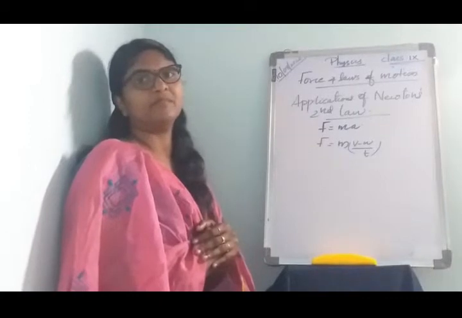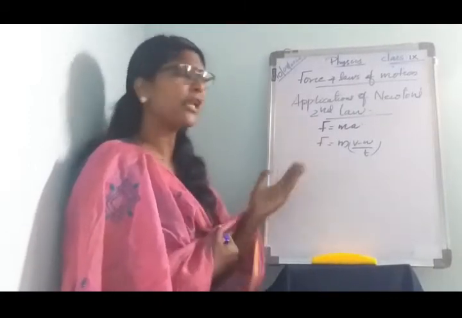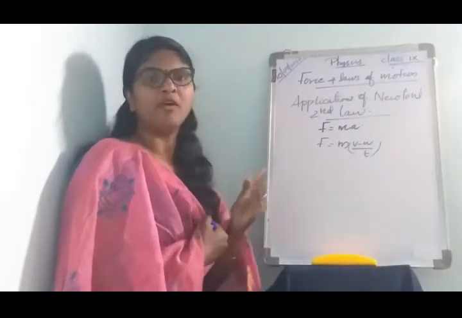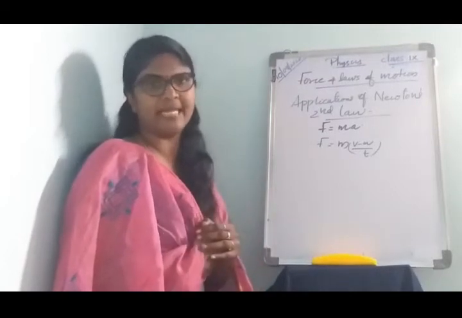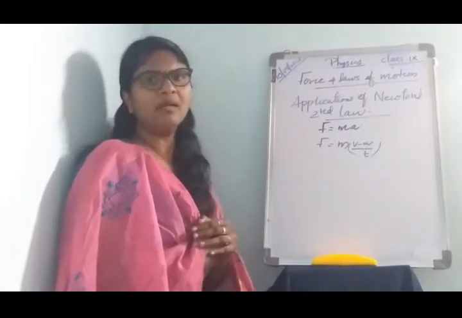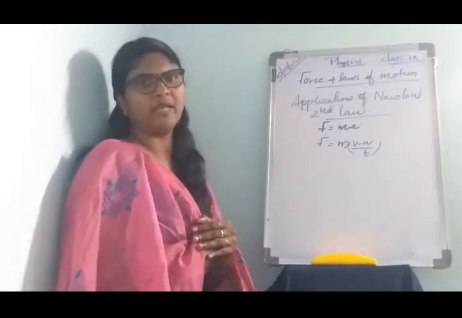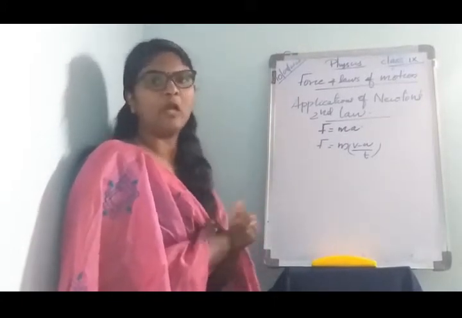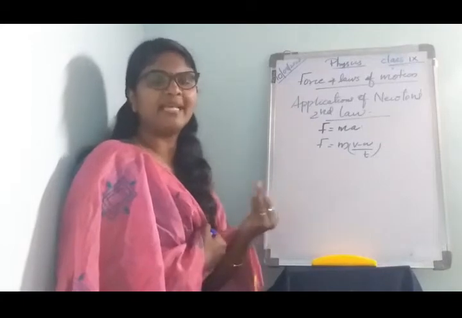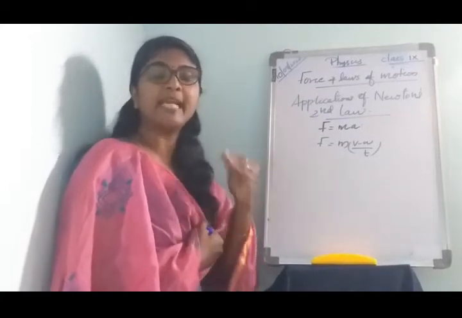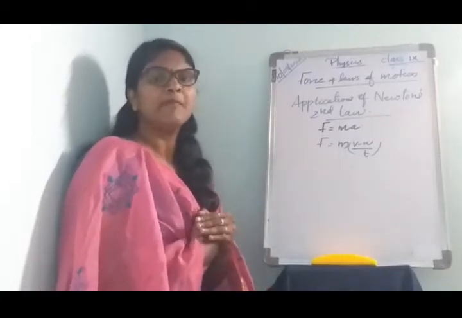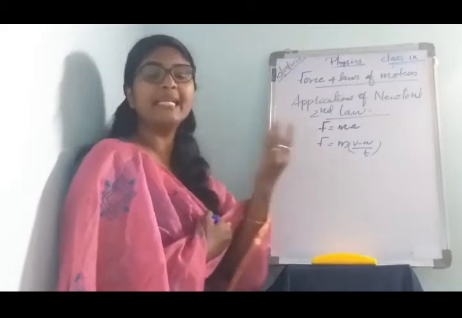Is it clear to you? The momentum of a fast moving ball is very large. In catching the ball, the momentum of the ball has to be reduced to zero. When a cricket player lowers his hands while catching the ball, the time taken to reduce the momentum of the moving ball increases.